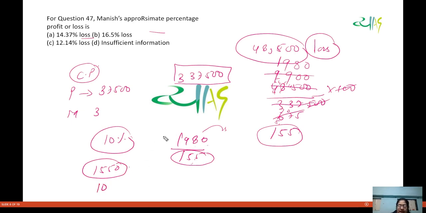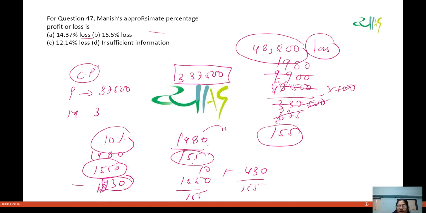If you subtract 1550 from this 1980, how much is left? So this is 30, and 430 is left. Yes, 430. So 1550 divided by 155 is 10, plus this 430 by 155.